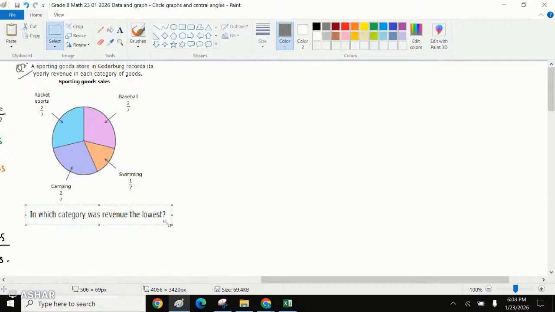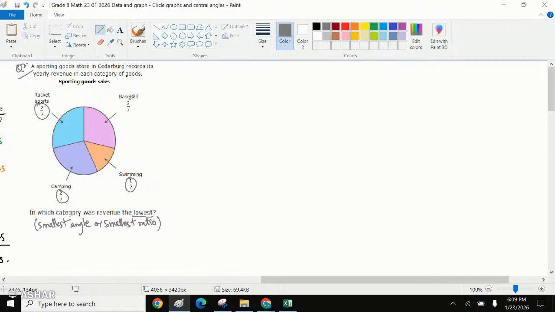The lowest sales would mean the smallest angle. See, I'll just write it over here. Lowest would mean if the angle is given, smallest angle or smallest ratio. Agreed? So which value had the smallest ratio? We can see that swimming is 1 upon 7 and all of the other values are 2 upon 7, right?